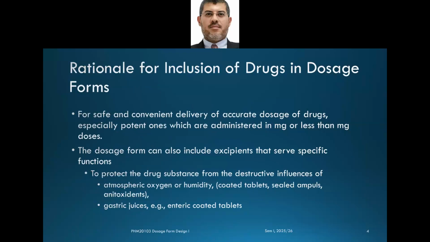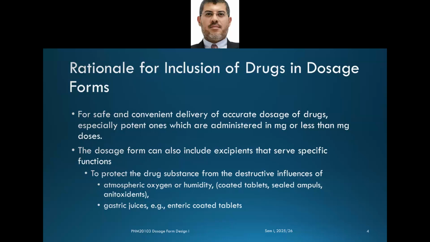So now we talk about the rationale for inclusion of drugs in dosage forms. Why do you need to include or to prepare the drugs in different dosage forms? When we say dosage forms here, we mean different pharmaceutical forms like tablet, capsule, solution for injection, ointment, cream, and so on.